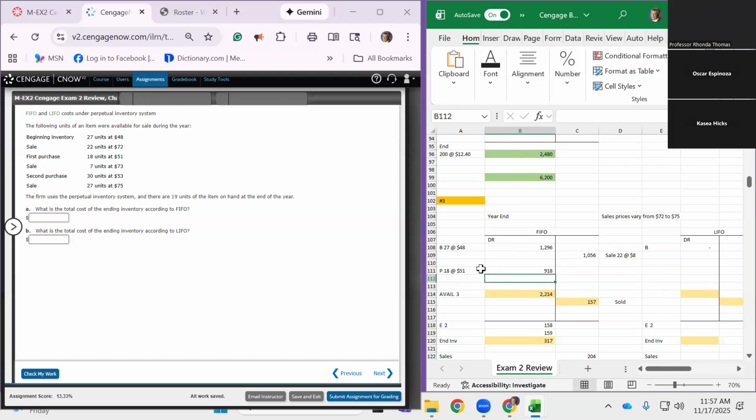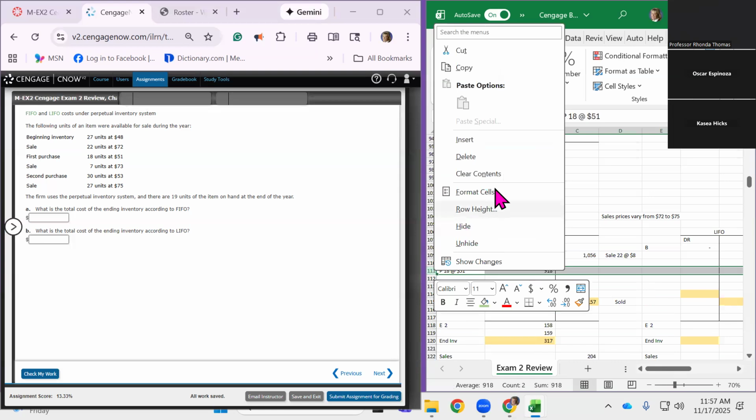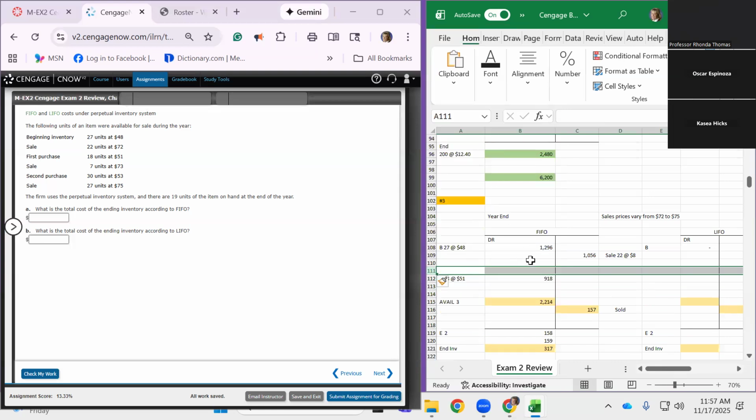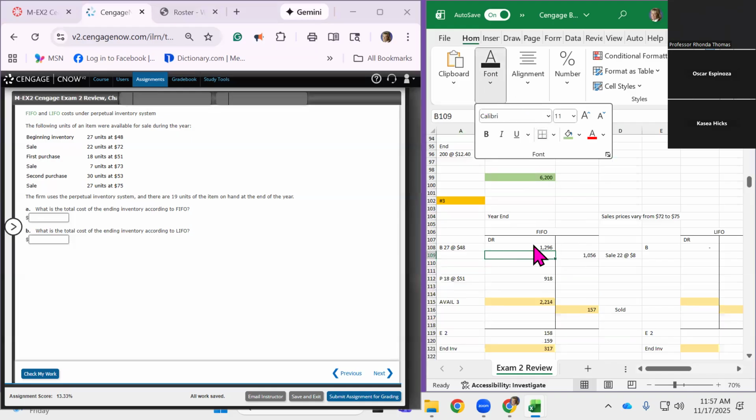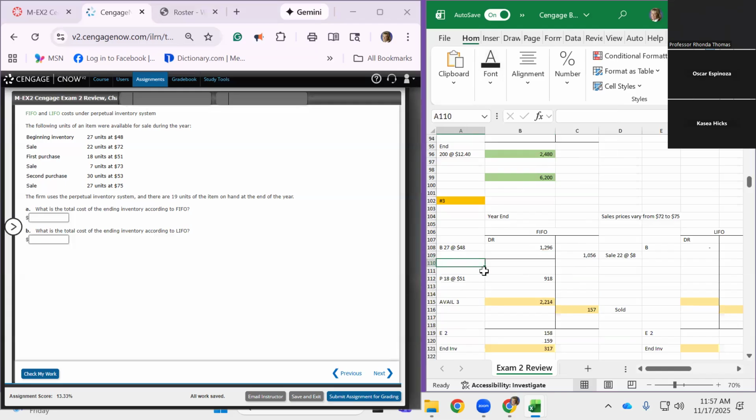So there's 918. So we have a remaining amount that would be a good idea to keep because this is perpetual. When you have perpetual, then you have a remainder after every sale and after every purchase. Okay, so I'm going to put that here. And if you have 27 and you sell 22, then you have 5 at 48. Okay, so let me do the subtraction here.